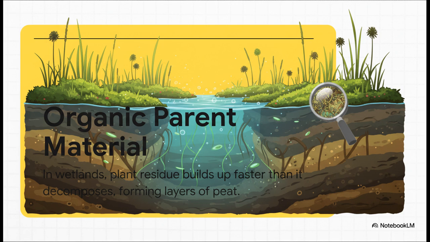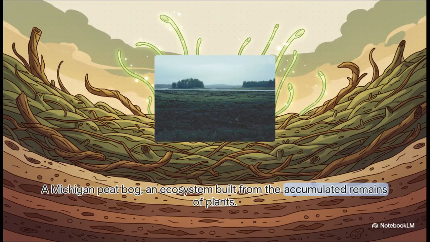So as generations of plants grow and then die, their remains don't really rot away. Instead, they just build up, layer after layer, forming what we call peat. And this is what you get. It's a landscape built not on weathered rock, but on the compressed history of countless generations of plants. The ground right here is the parent material, a future soil made entirely by life.